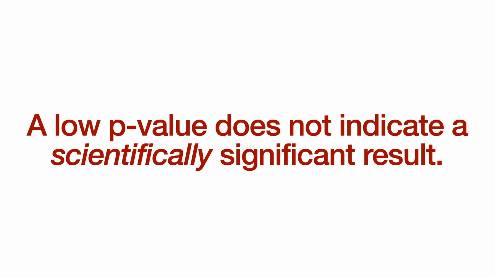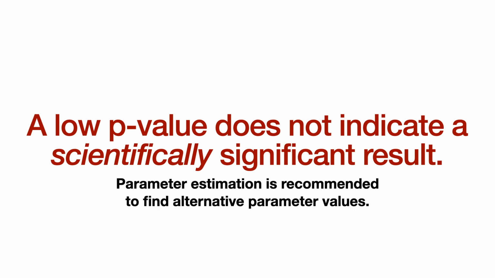A low p-value does not indicate a scientifically significant result. The null hypothesis can be false even if the effect size is tiny. Parameter estimation is recommended to find alternative parameter values.